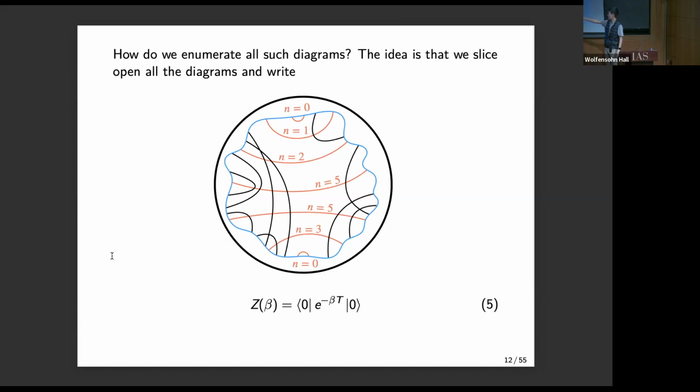And then as we advance in either the left or right direction, we consider what happens when we insert H, the Hamiltonian. So that defines some transfer matrix. And as you can see, it's very suggestive that this equation is related to the equation that I wrote before in JT gravity.